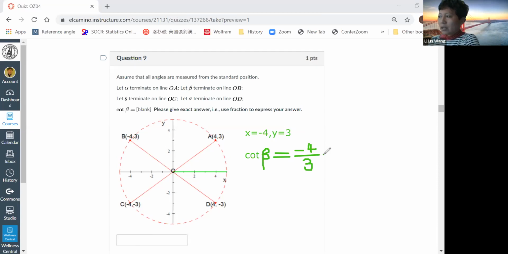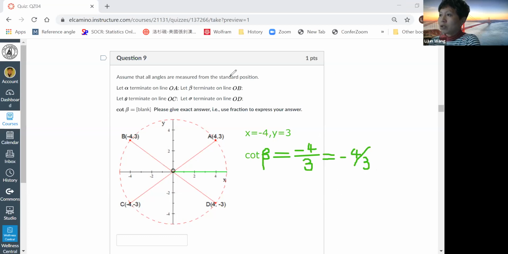The acceptable answer in my program is -4/3, and -4/3 only. So if you enter another form, you may not get the credit. You must enter this number to get the credit. Is there a decimal form of solution? The answer is no.